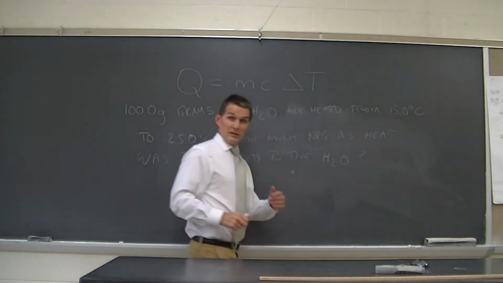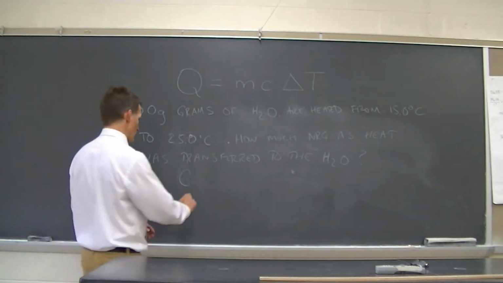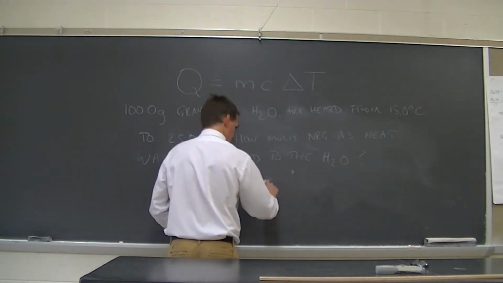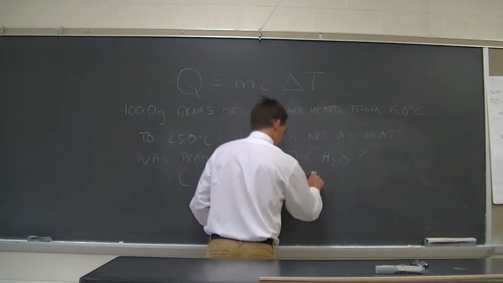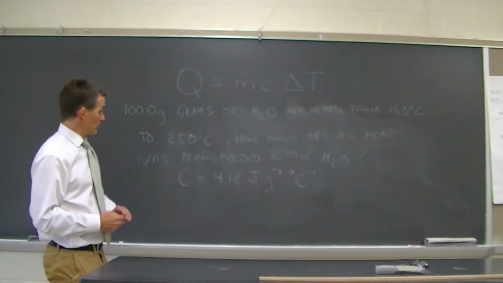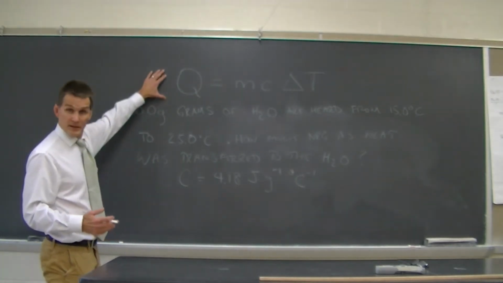And again, this is going to be liquid water, for which we know that the specific heat of liquid water is 4.18 joules for every gram of liquid water for every degree Celsius that we want to raise the temperature of that 1 gram of water. So this should be pretty straightforward. We're just going to plug everything into this equation.